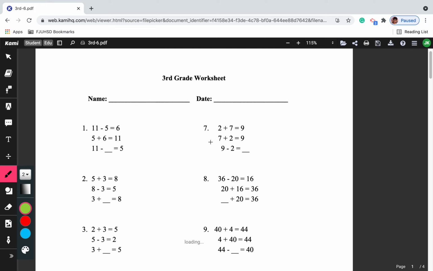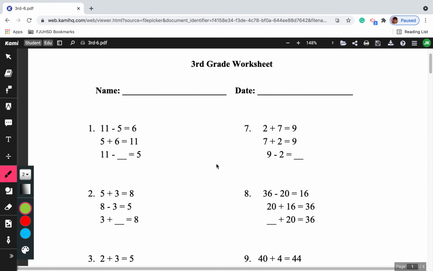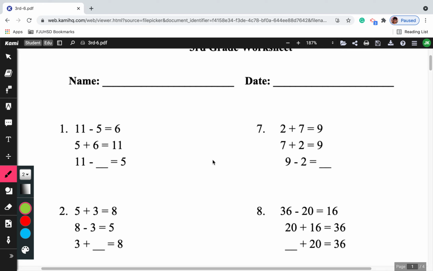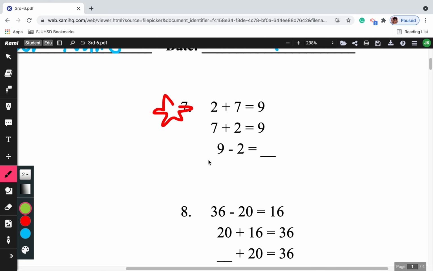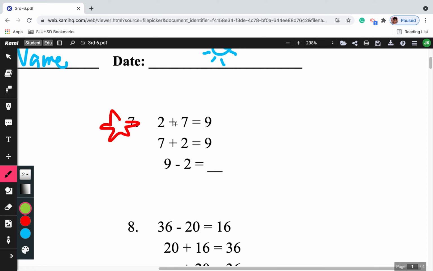Okay, let's start. So this is not commutative, but fact family. So this is saying basically 2 plus 7 equals 9. But since addition and multiplication are commutative, if you switch the order, the answer will still be the same.